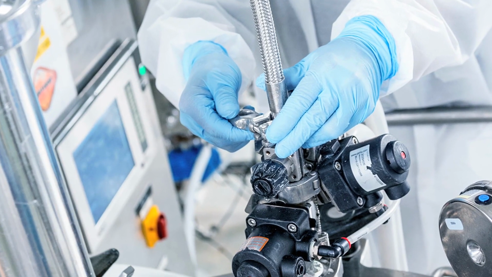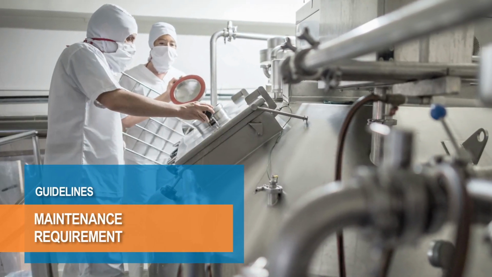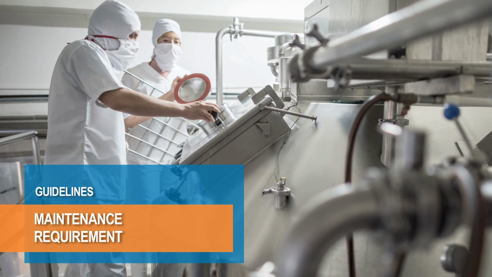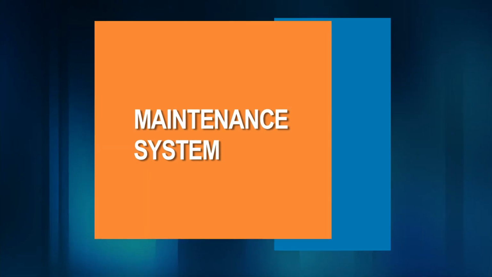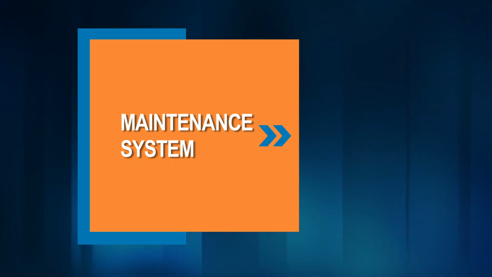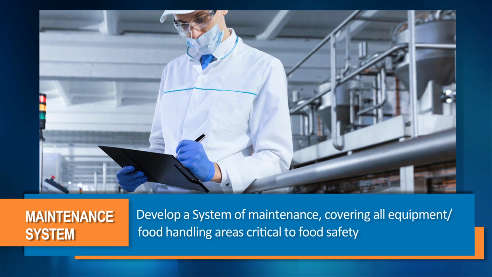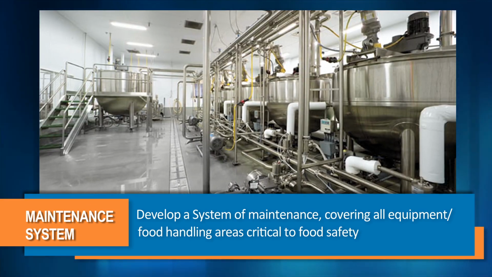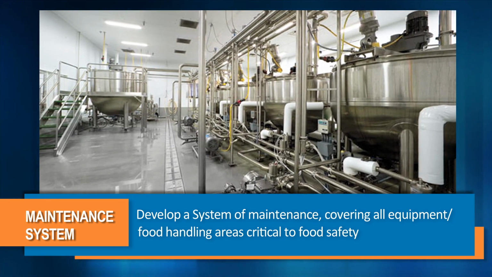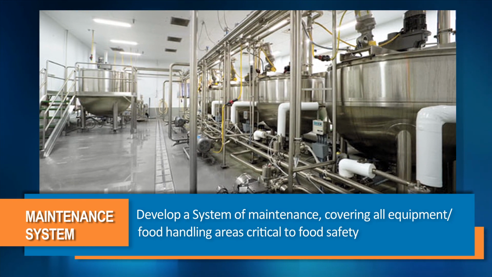In this video, we will learn about the maintenance requirement to ensure hygienic environment for production of food products. The food business operator shall develop a system of maintenance covering all the equipment and food handling areas that are critical to food safety.